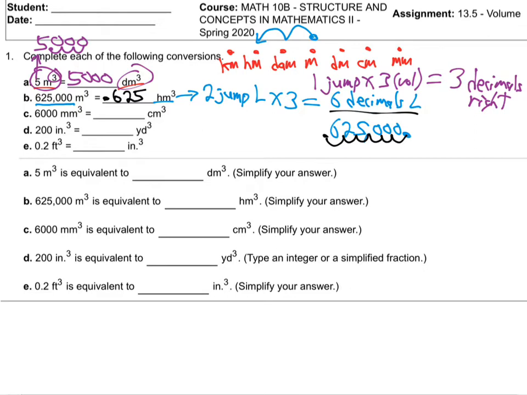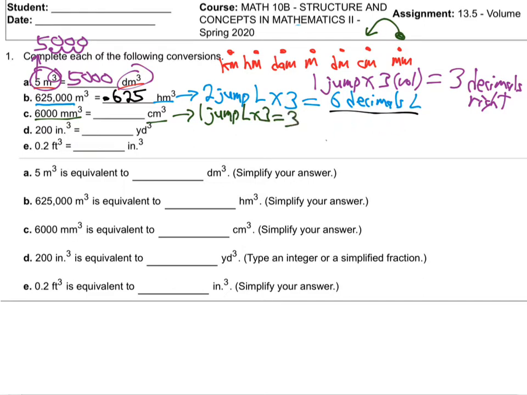Next, let's try the next one. 6,000 cubic millimeters. So now we're going from cubic millimeters right here to cubic centimeters. That's just 1 jump to the left. So this is 1 jump left times 3 though, because these are cubic units. 3 decimals to the left.